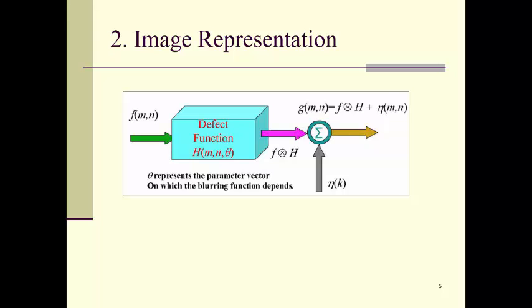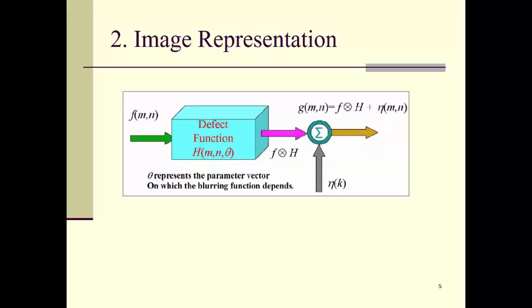So it's not like the noise, and why did we do it? Yes, for the defect function, if we talk about blurring, its mathematical model is different from the noise. Here we call the noise an additive function. So this means that it is something that is added to the original image.